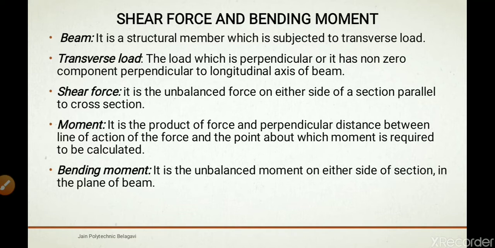Coming next to moment. Bending moment is nothing but the algebraic sum of moment of forces to one side of the section, or just the product of force and perpendicular distance from the line of action of the force.